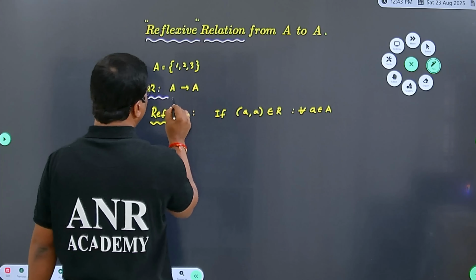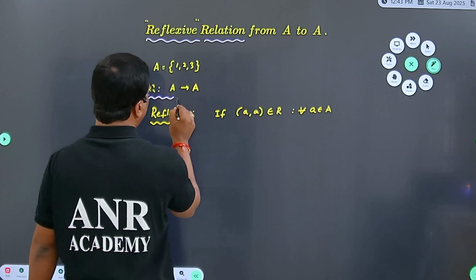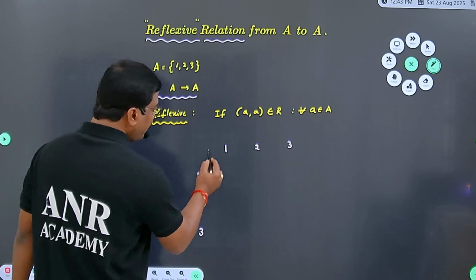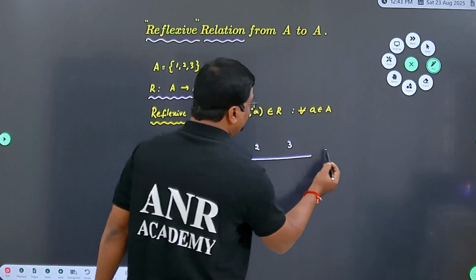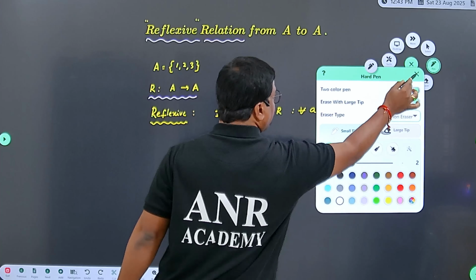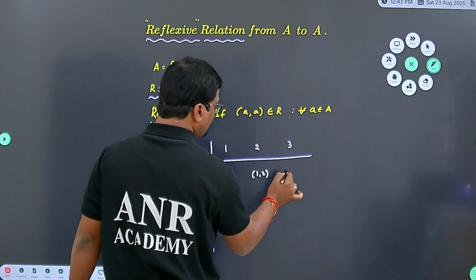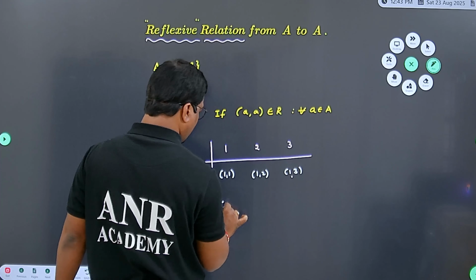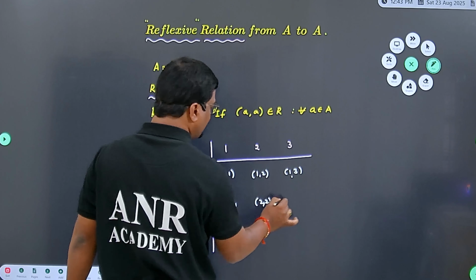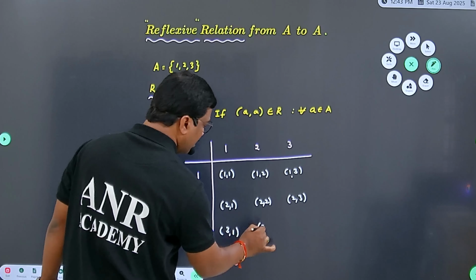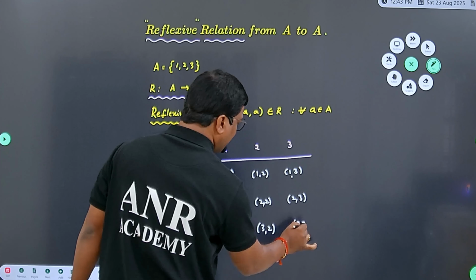Let us see what are diagonal entries and the other entries. Since there is a relation from A to A, 1, 2, 3 are entries from A, and 1, 2, 3 are entries from another A. Now the possible ordered pairs I am going to write: (1, 1), (1, 2), (1, 3), (2, 1), (2, 2), (2, 3), (3, 1), (3, 2), (3, 3).